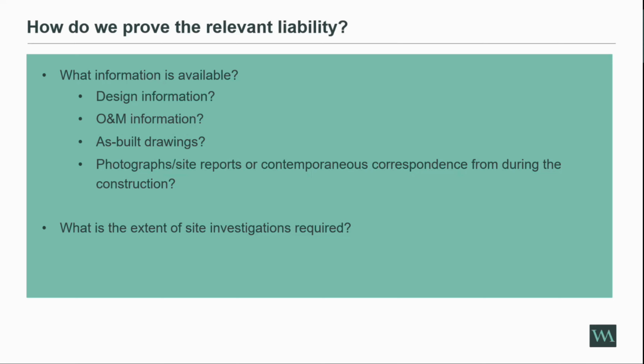In some instances, if you're engaged with the defendant and you go on site, you recommend areas for opening up, the defendant's experts recommend areas for opening up, you agree on areas, you go to site, you look at those areas, and it seems that the issues are consistent across the site, then courts are willing to accept that that's probably a fair representation of what was actually built.